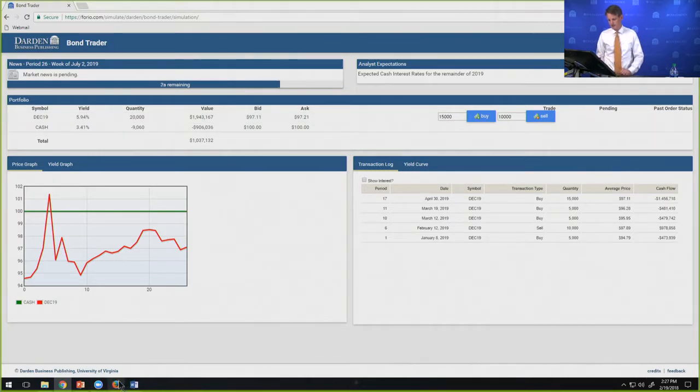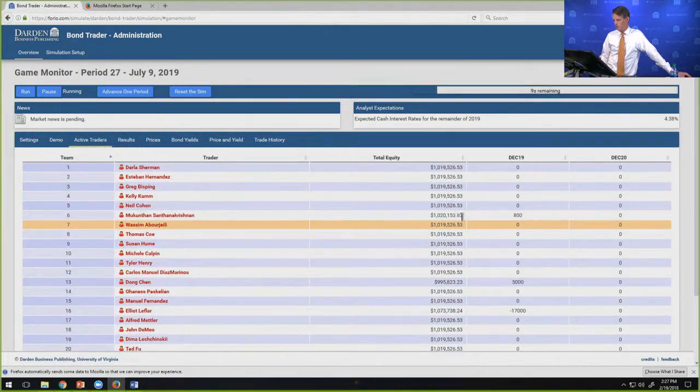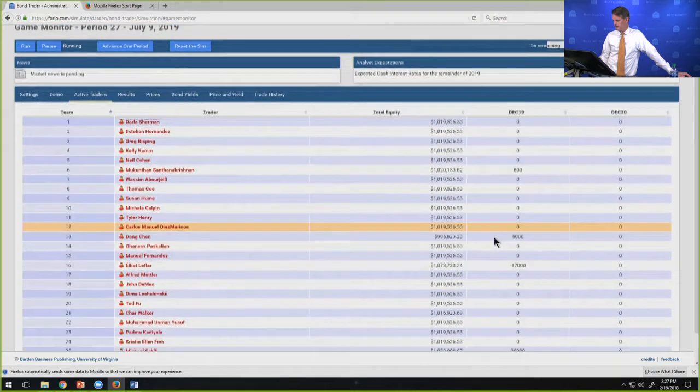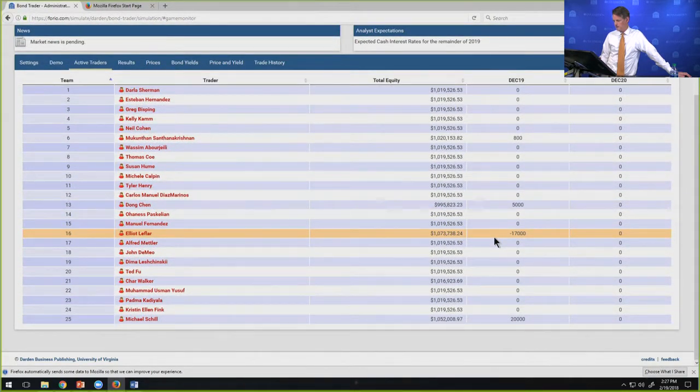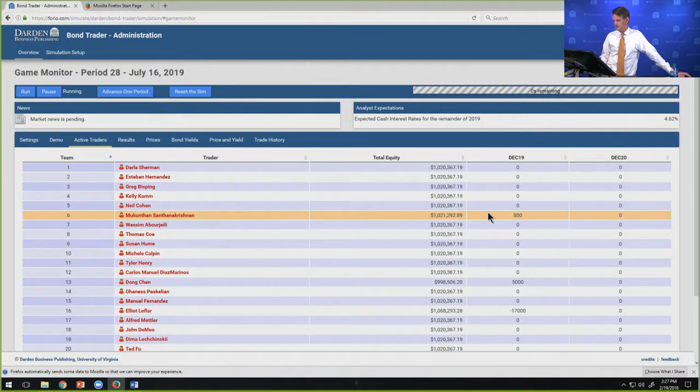Let's check on how people are doing. It's fun to announce how people are doing as we go along, so we can watch here in the active trader screen positions. It's common at the beginning that people will take relatively small positions, and so you want to encourage people, as they see those that are doing well, to be aggressive in the positions they take.